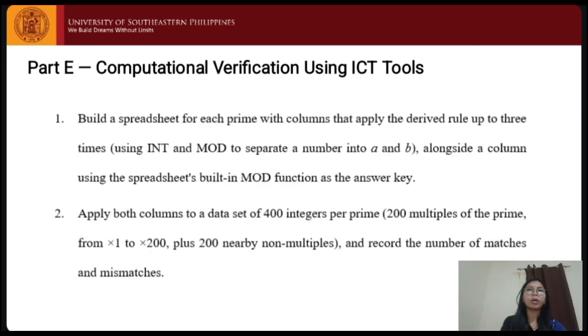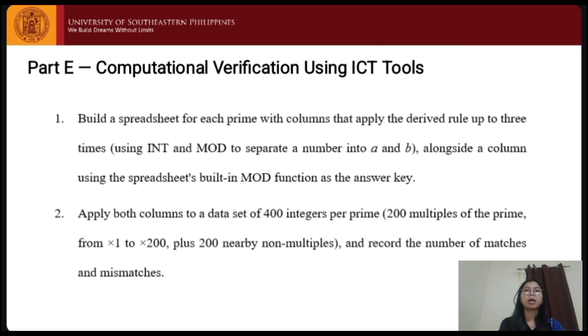Next slides, we have our part E, which is the computational verification using ICT tools. After proving the theorem algebraically, we verified it using ICT tools. We created spreadsheet formulas that automatically separate each number into a and b, repeatedly applied the divisibility rule, and compared the result with the spreadsheet's built-in modulo function.